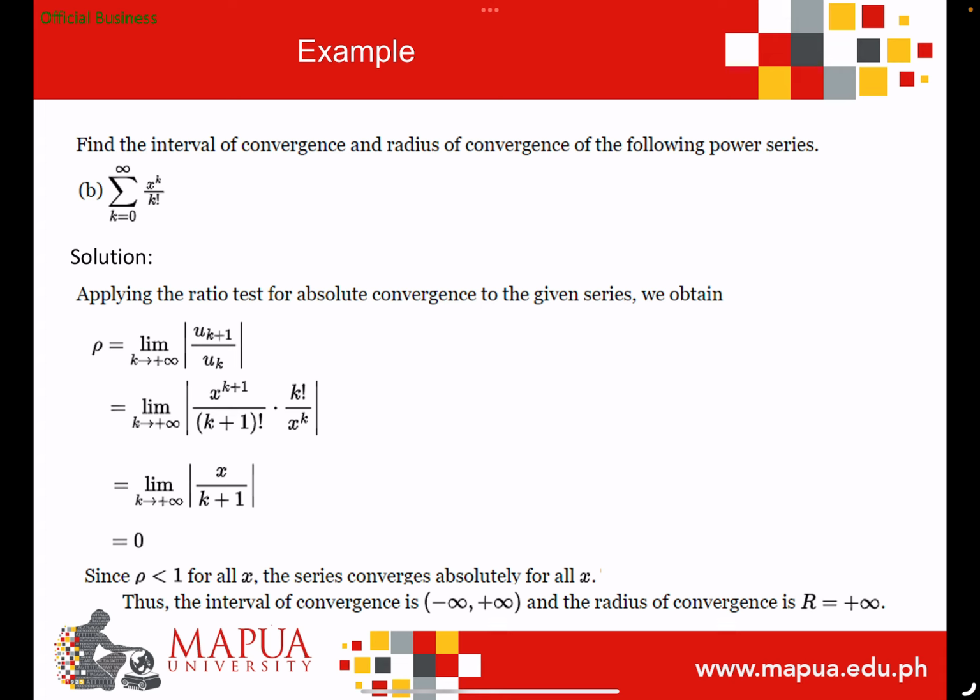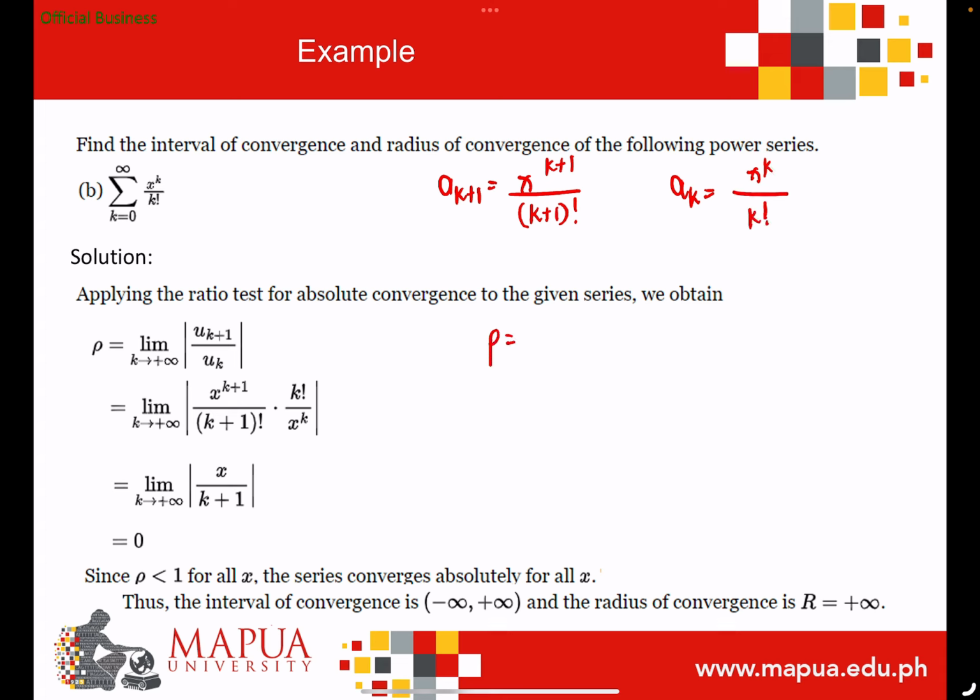Now let's have another example. Find the interval of convergence and radius of convergence of the following power series: x raised to k over k factorial. So we're going to apply the ratio test. Your a sub k plus 1 is x raised to k plus 1 over k plus 1 factorial, and your a sub k is x raised to k over k factorial.